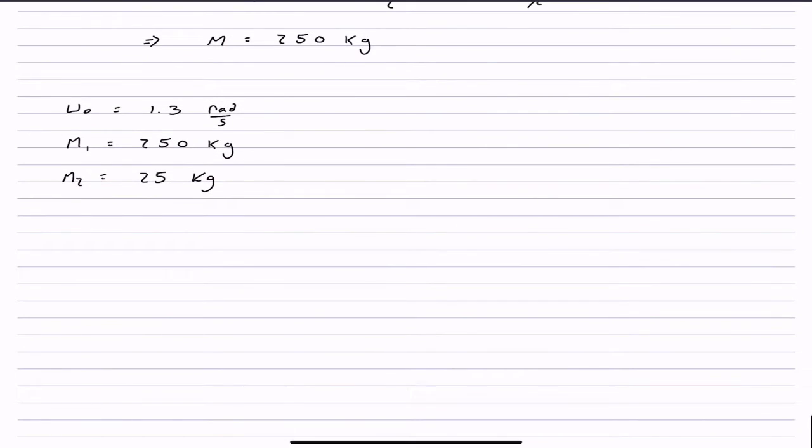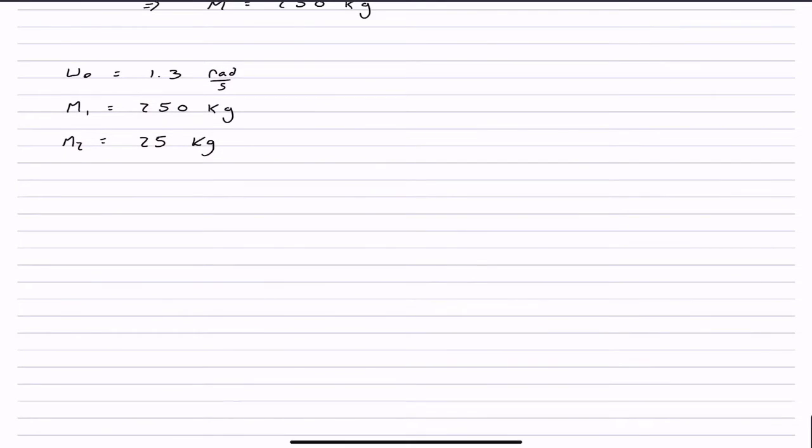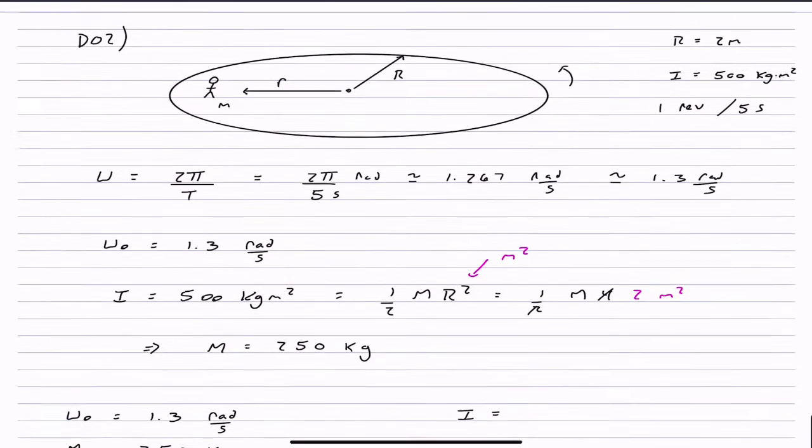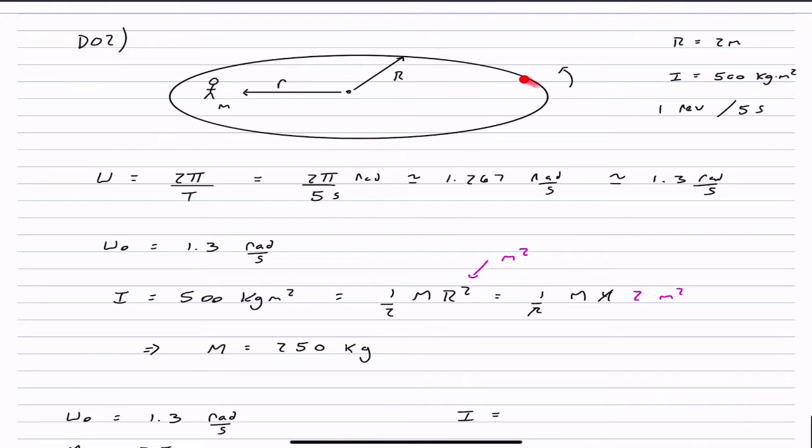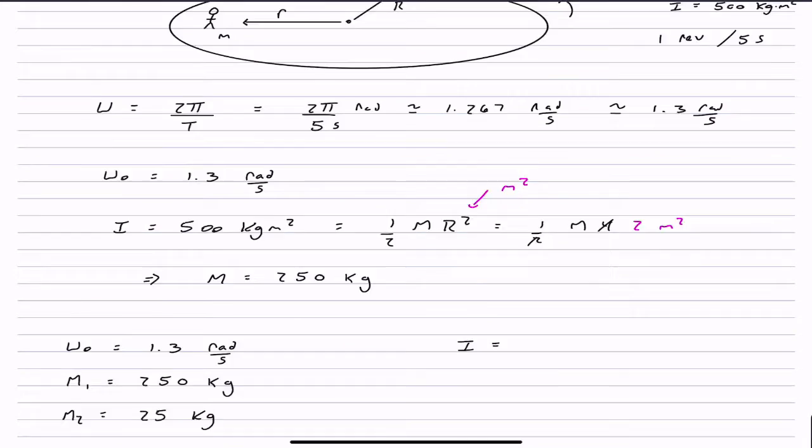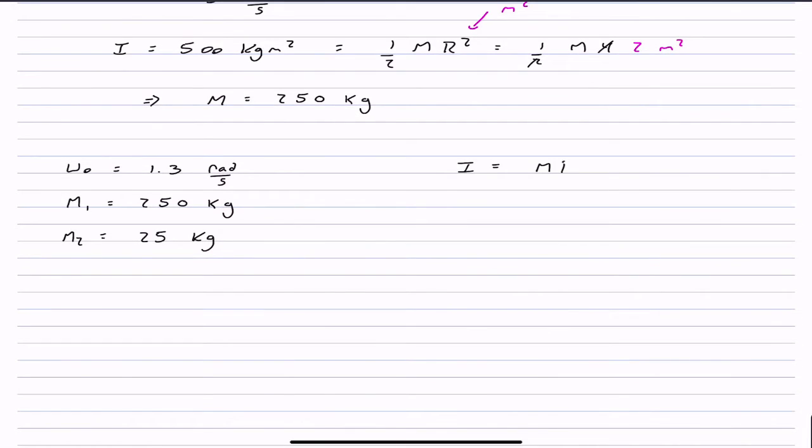Also we should note that the moment of inertia for a point particle rotating about an axis is going to be mr squared, and we can use that for the child. This was 1/2 mr squared, just to be clear.